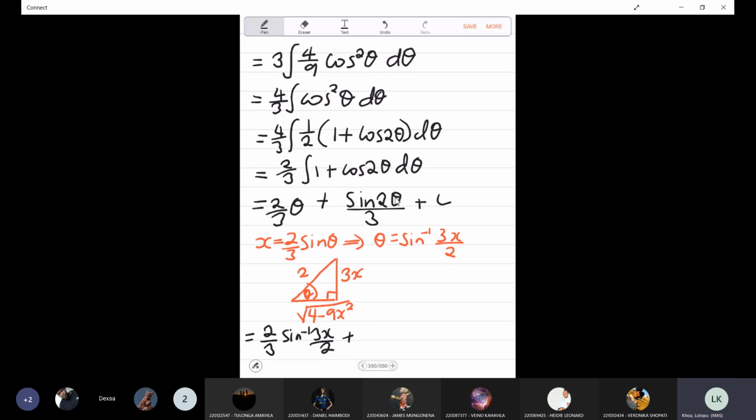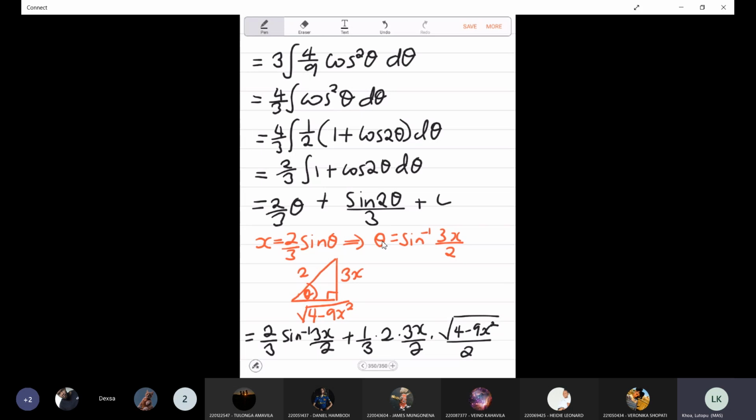And then we have the 1 over 3 here. Then sine 2 theta is 2 times sine theta, which is 3x over 2. And then cos theta is the adjacent over the hypotenuse. So the square root of 4 minus 9x squared divided by the hypotenuse, which is 2.